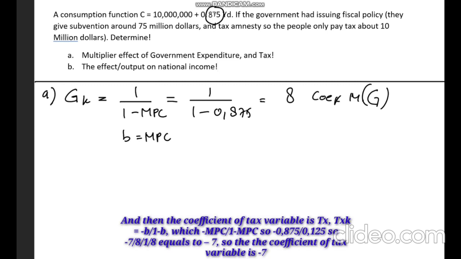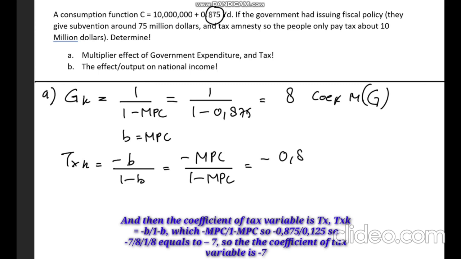And then the coefficient of the tax variable is Tx, so TxK equals minus b per 1 minus b, which is minus MPC per 1 minus MPC, so minus 0.875 divided by 0.125, so minus 7 per 8 divided by 1 per 8 equals minus 7. So the coefficient of the tax variable is minus 7.